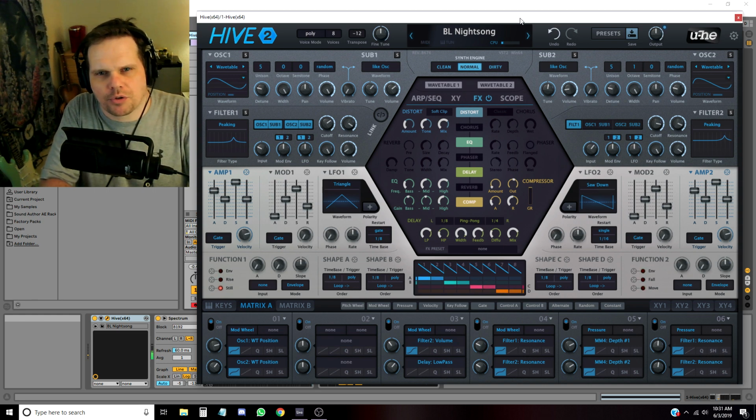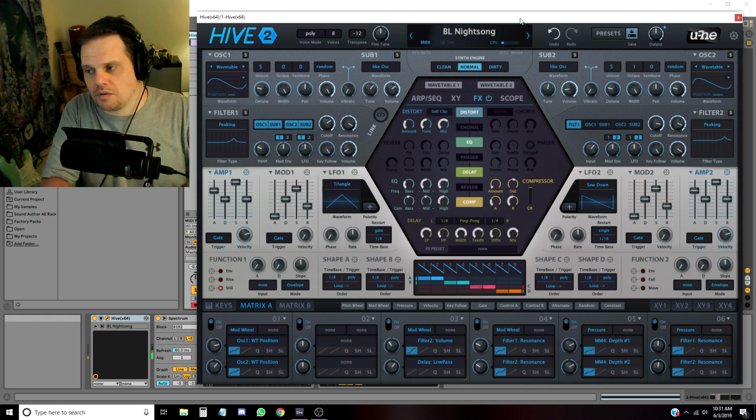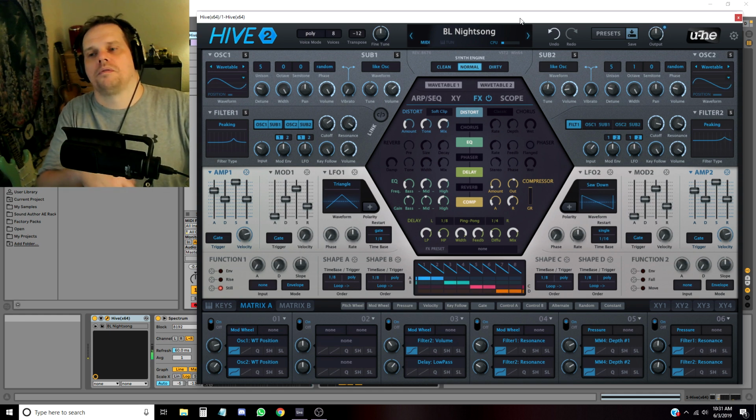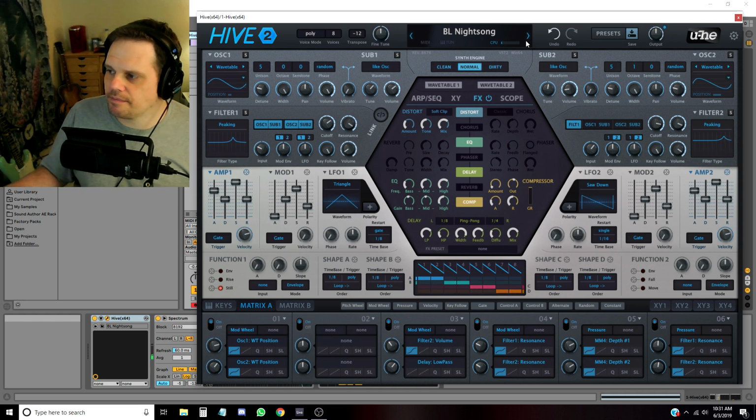Aftertouch kind of brings out those crickets. I really like that one. That's a good pad.